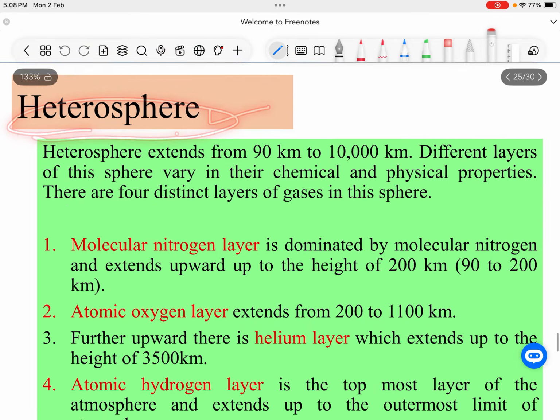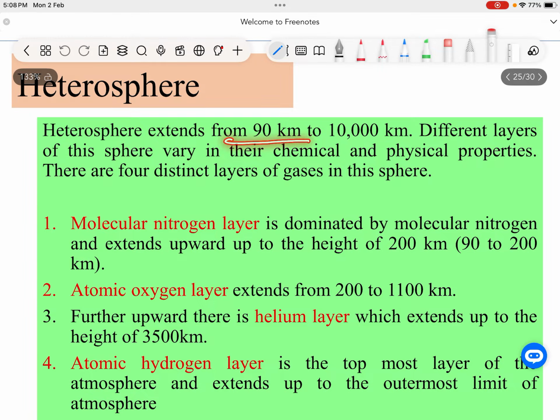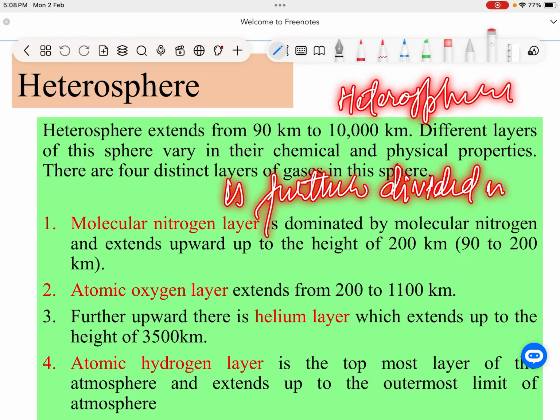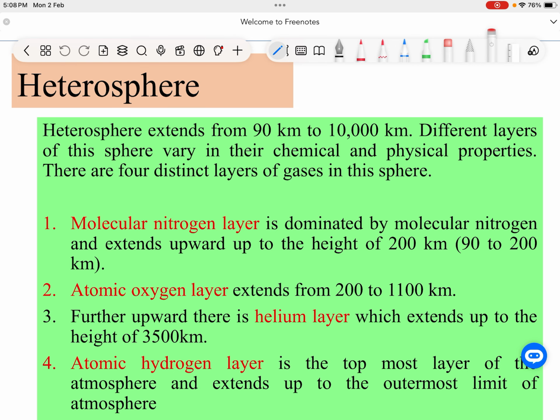Heterosphere extends from 90 kilometers to the upper extent of the atmosphere, that could be 10,000 kilometers or 1,000 kilometers. Different layers of this sphere vary in their chemical and physical properties. This heterosphere is further divided into sublayers based on composition.